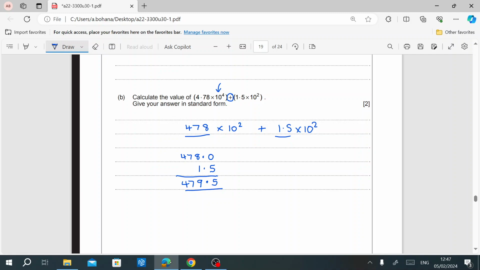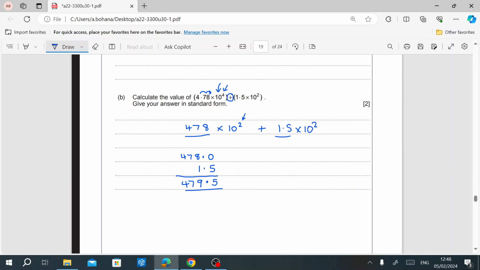Before I go any further though, let me just clear something up. Why have I gone from there to there? Well, I had to do that because effectively I've gone the other direction. It's a bit like making a small number big, okay? Obviously, the powers would become a negative. So effectively, I'm taking 2 steps away from the 4. Hence the reason why I've got 10 squared to change that to 478.